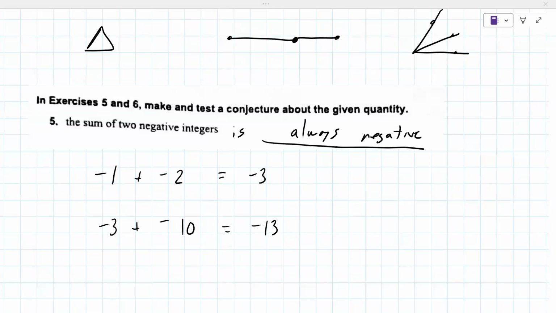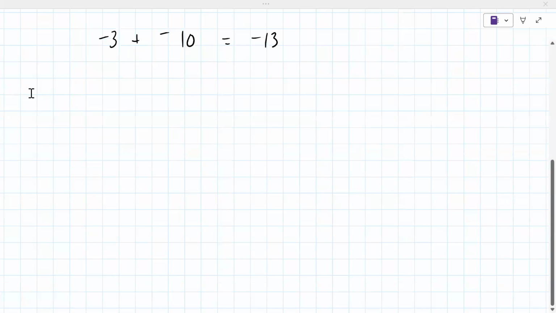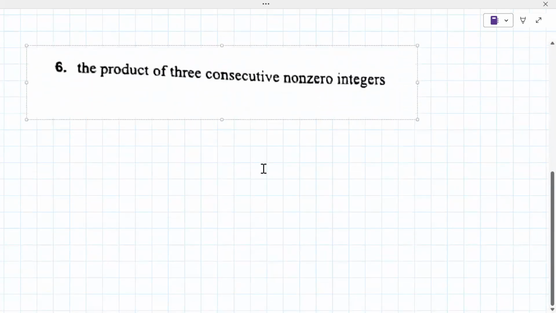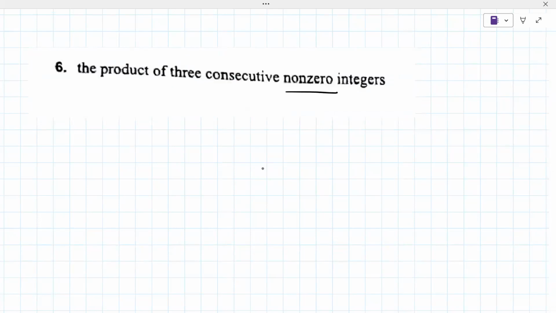All right, let's take a look at number 6. The product of 3 consecutive non-zero integers. So what does 3 consecutive mean to you? What does something mean if it's consecutive, or in order?